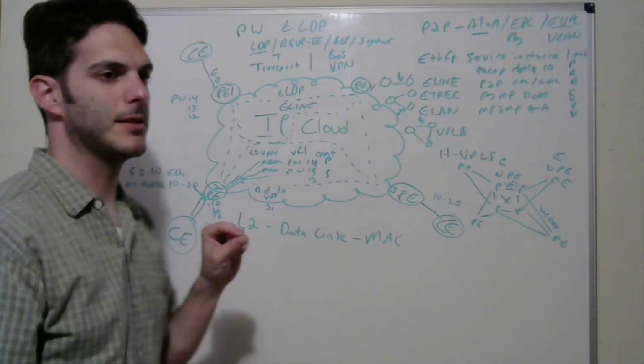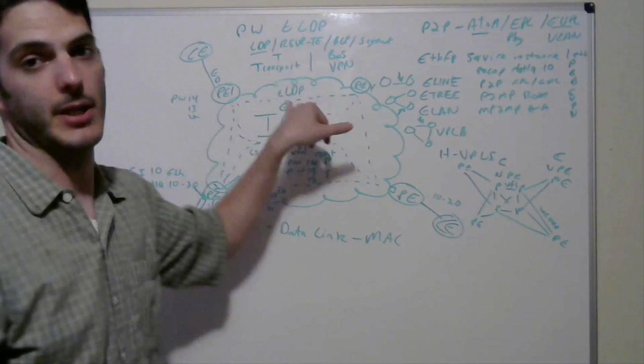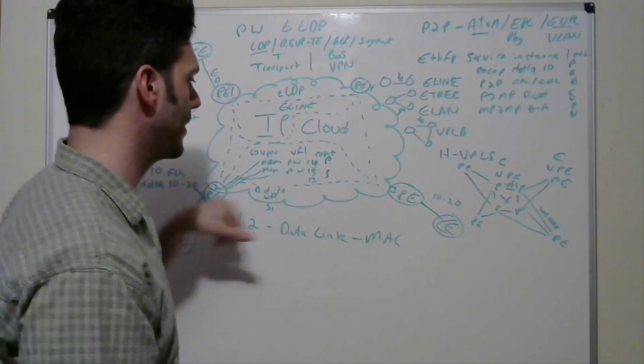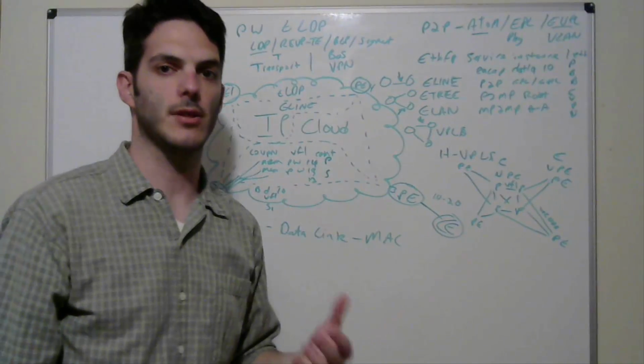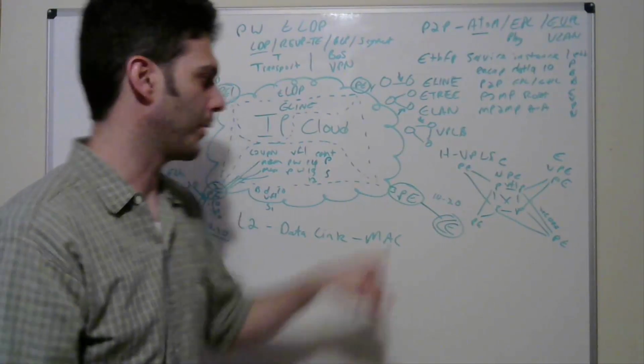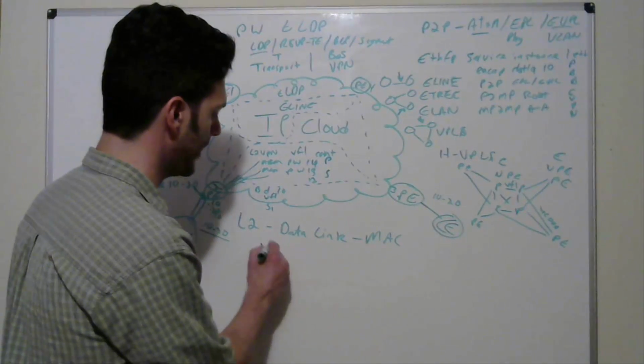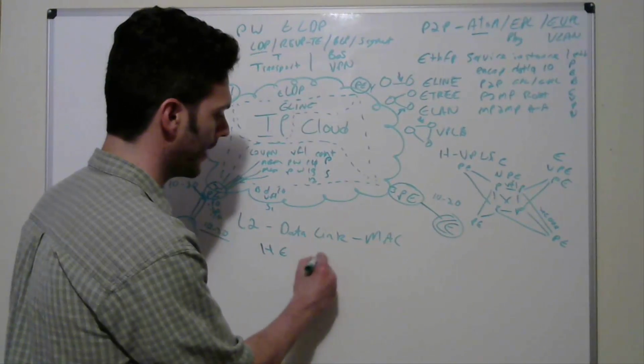But the cool thing about TE is it doesn't require you to do it like LDP, where I don't have to come in here, because TE doesn't necessarily leverage LDP. It relies on RSVP with the signaling between the connection points. So you have the concept of the head end and the tail end.